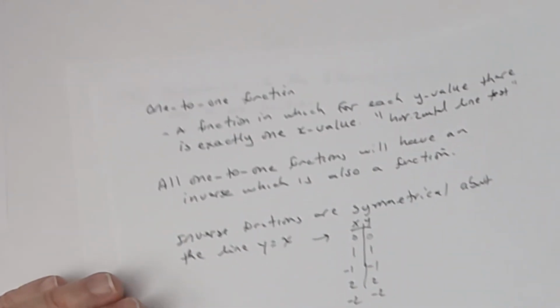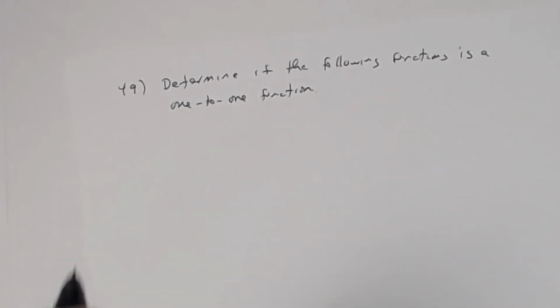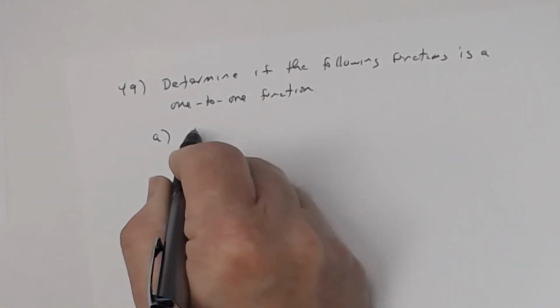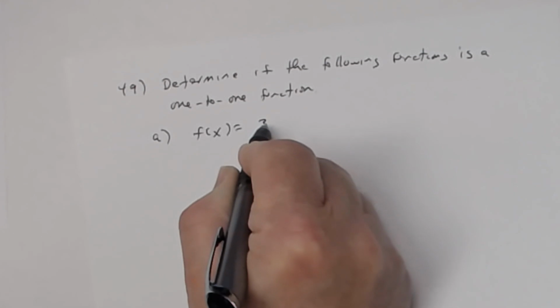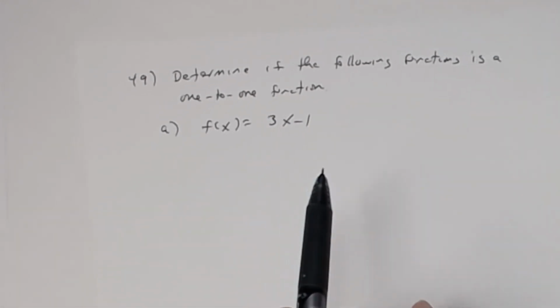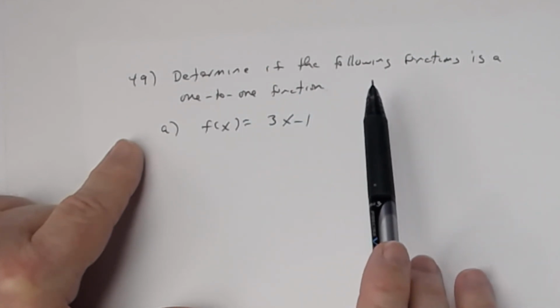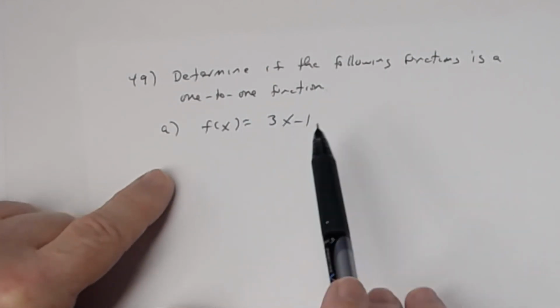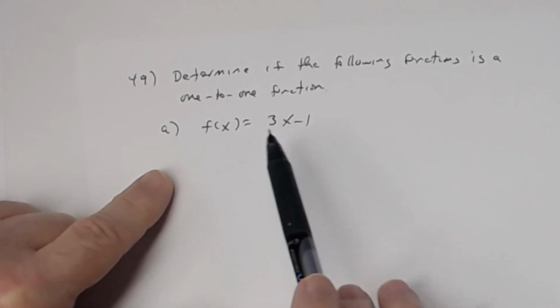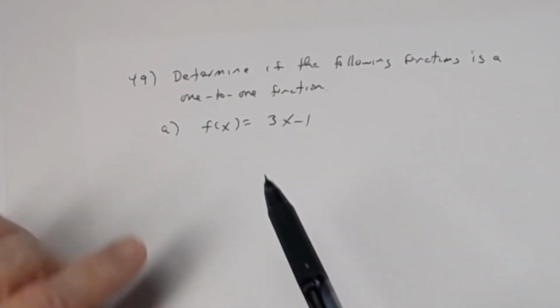All right, the horizontal line test. So what you have to do here, if you look at part A, you have f of x is equal to 3x minus 1. So the best way to do these problems when determining if the following function is a one-to-one function is to think of its graph. That's the best way. And so think of the graph.